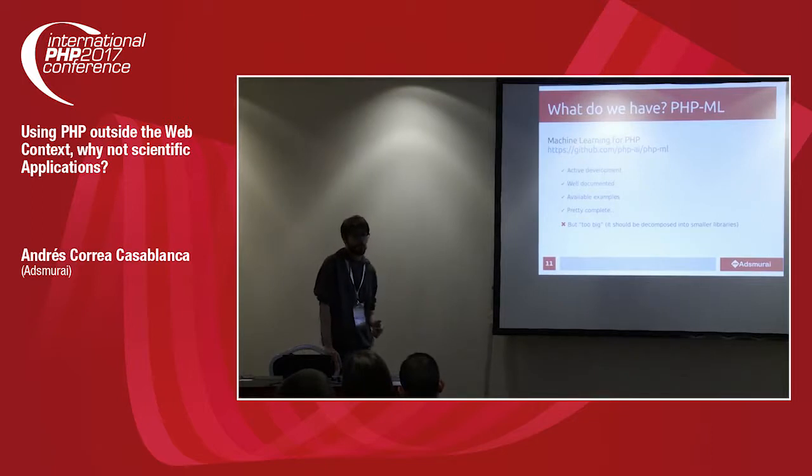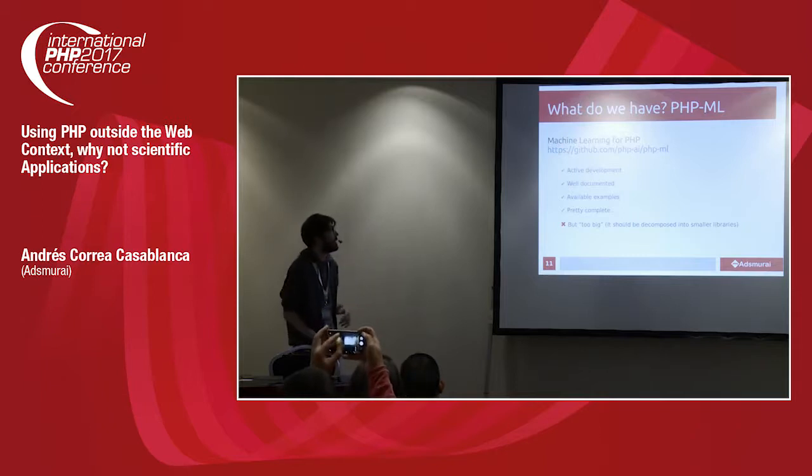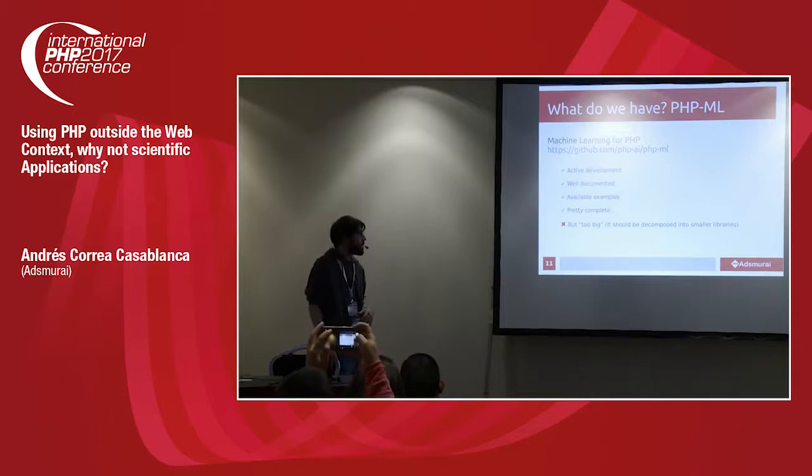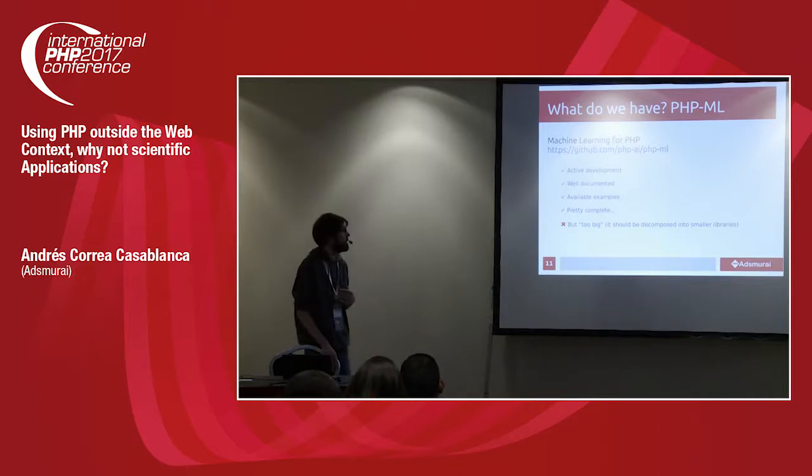It's pretty complete. We have many classification algorithms, regression algorithms, and data loading components for CSV, for XML, and other types of documents. I think it has some drawbacks, mainly that it's too big, at least for my taste.